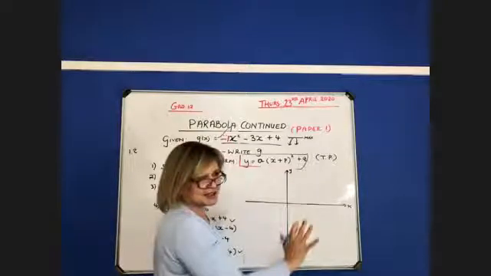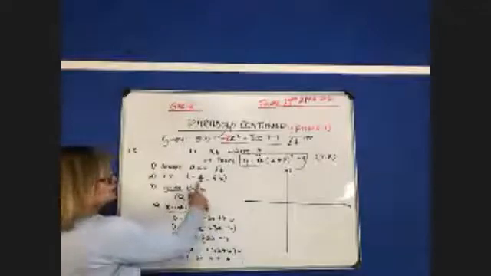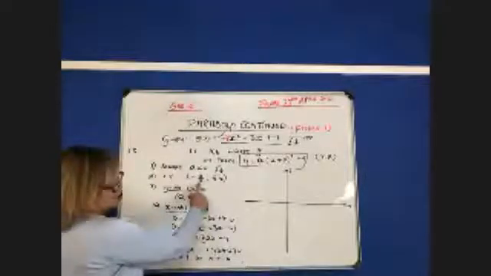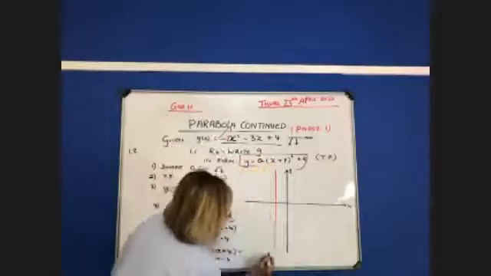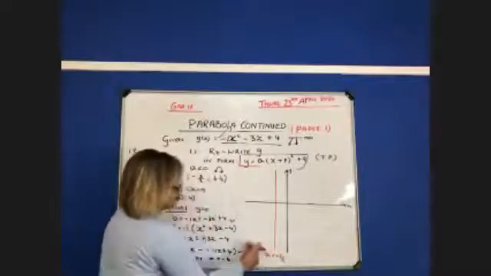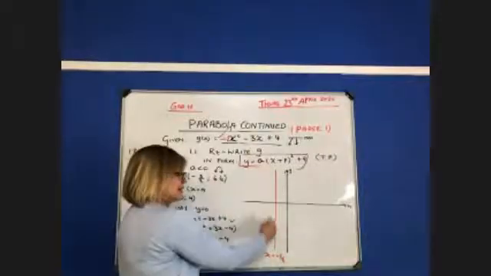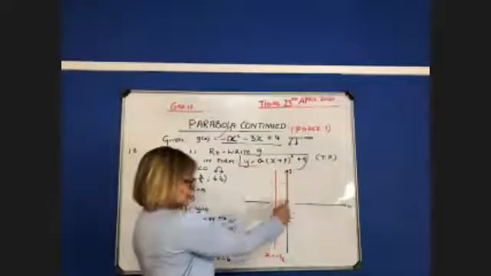I also told my students, go to the axis of symmetry, minus 3 over 2. Not to scale, just draw a vertical line. That is x equals minus 3 over 2, minus 1.5. So your parabola is going to be on that red line, not on the y-axis.